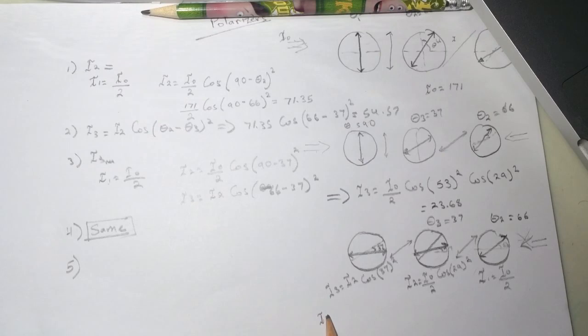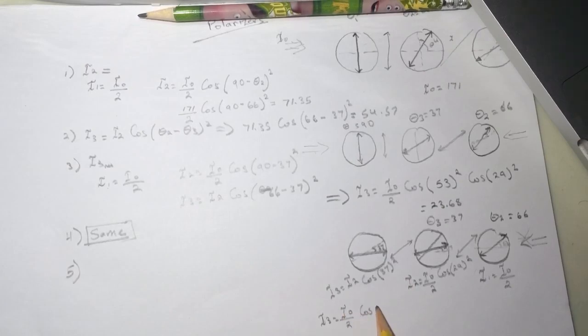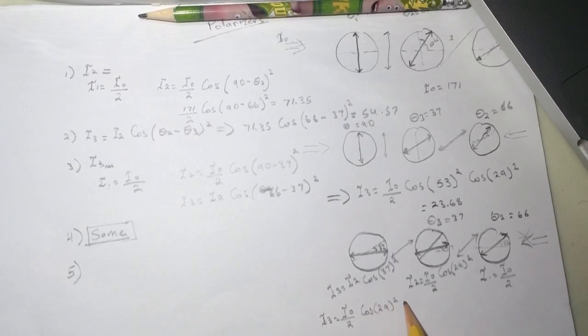I3 will be equal to I naught over 2 times cosine of 29 squared, then don't forget this one, cosine 37 squared.